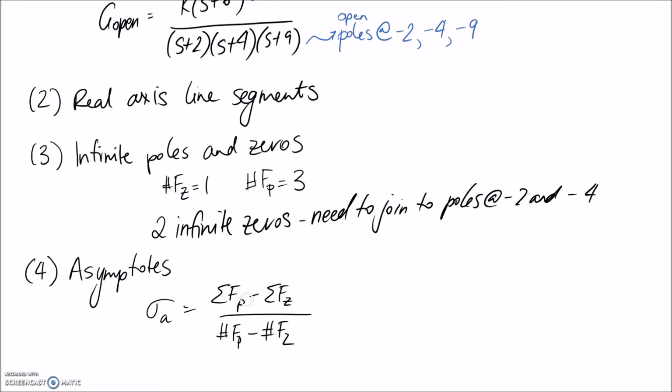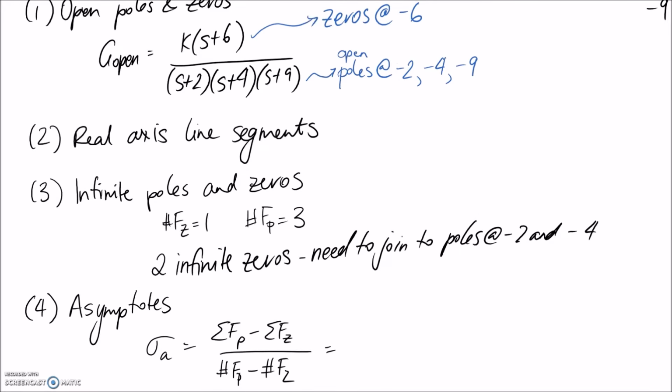Alright, so on the top line we have the sum of the finite poles and the sum of the finite zeros. So we can sub that in. We have finite poles at these three places, so it's going to be -2 plus -4 plus -9, minus, we need the finite zeros, which is -6.